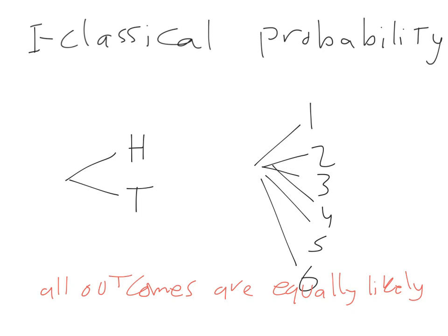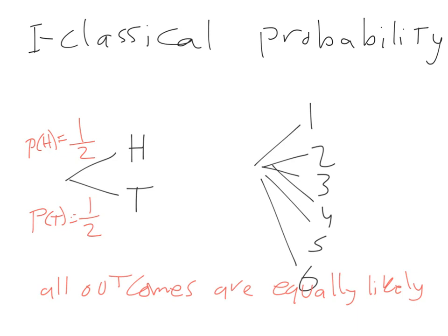That's the main idea of classical probability. If, for example, the head and tail have the same chance, and the sum of the probabilities must be 1, then the probability of head is half, and the probability of tail is also half.